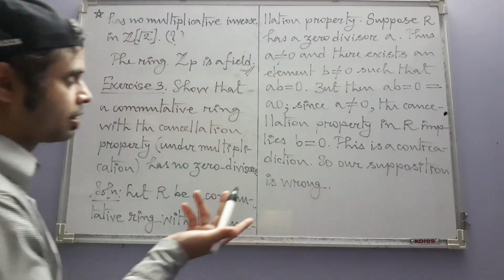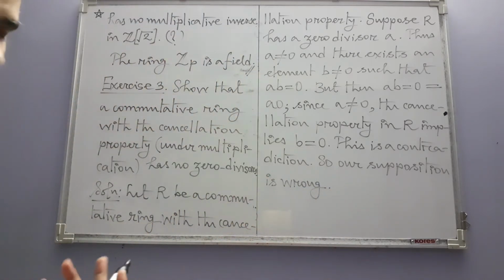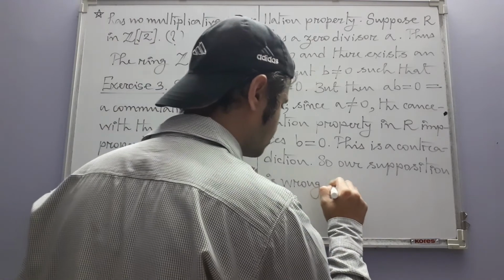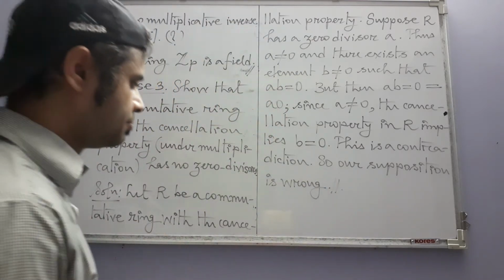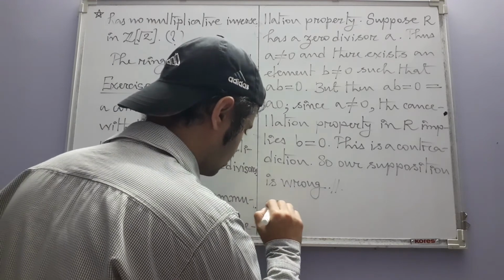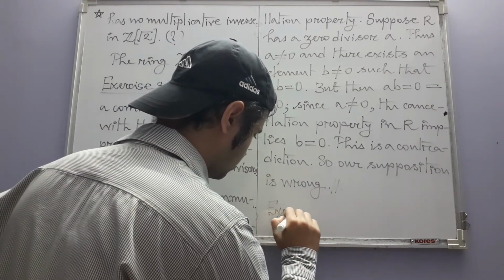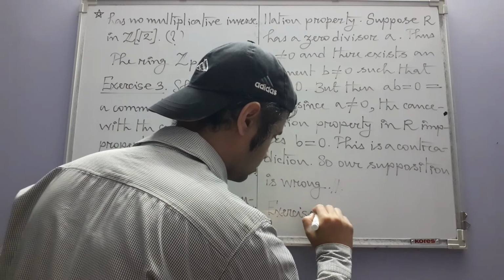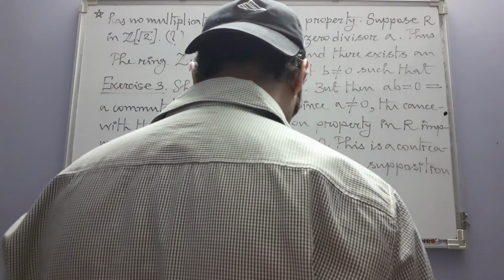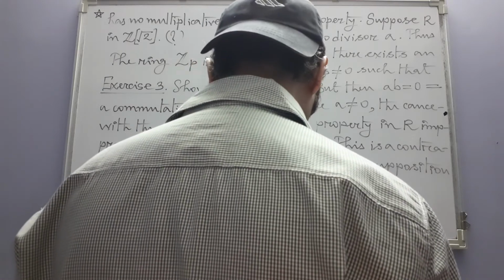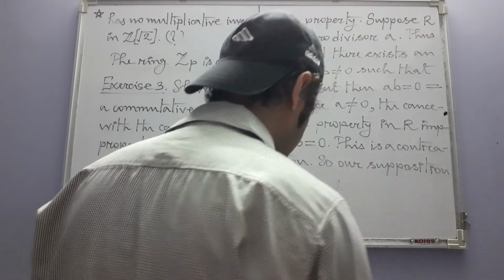That is, R has no zero divisor. That's what we wanted to show. And finally, let's just do one more. List all zero divisors in this ring.